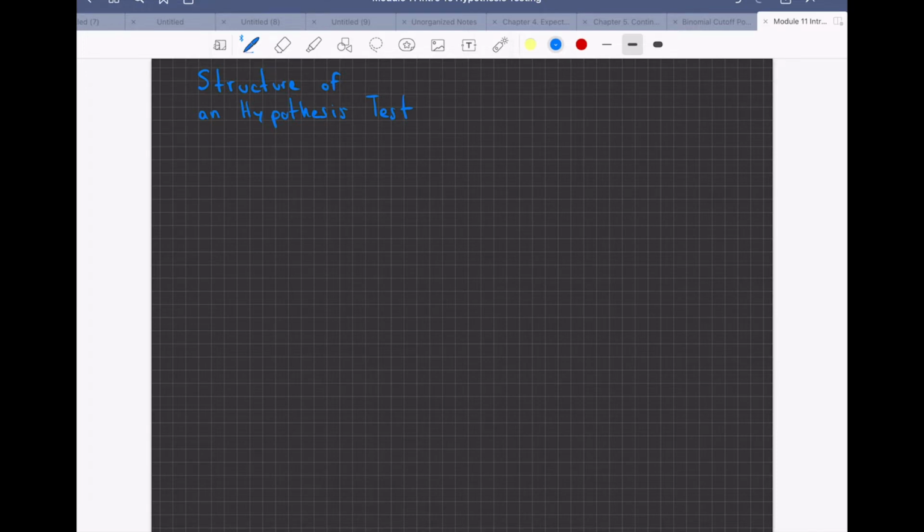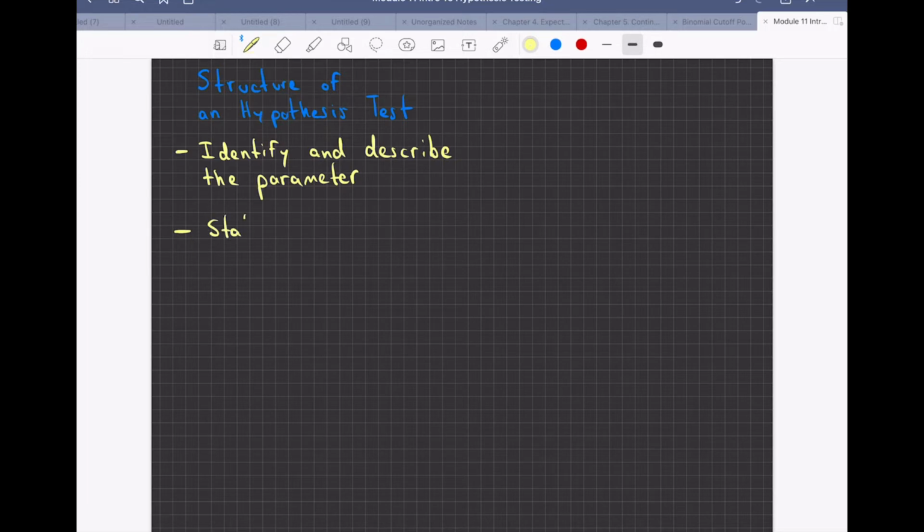First, identify and describe the parameter. Next, state the hypothesis.